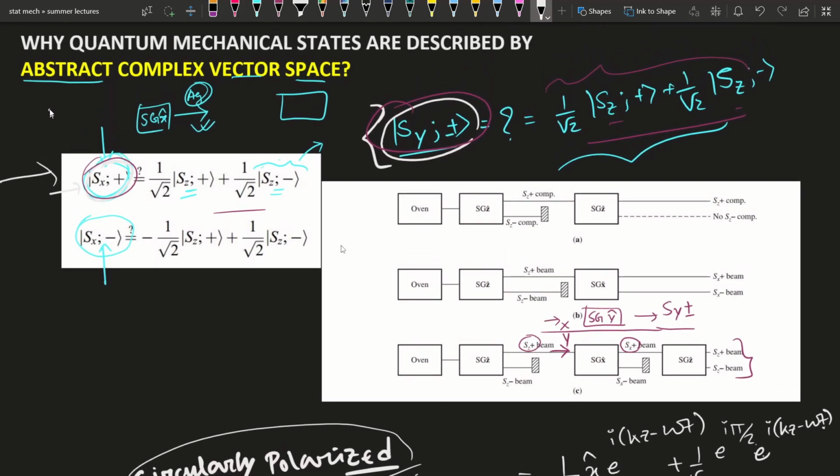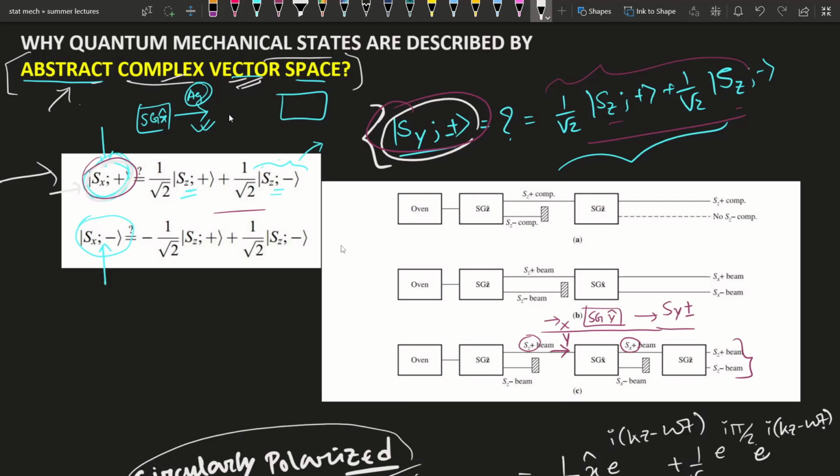This is the abstract, more general sense of vector, and that is why it is complex, because the iota term comes into the picture. This is the reason that quantum mechanical states are to be represented by vectors in an abstract complex vector space.